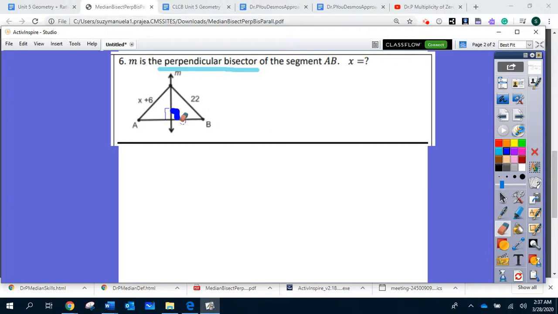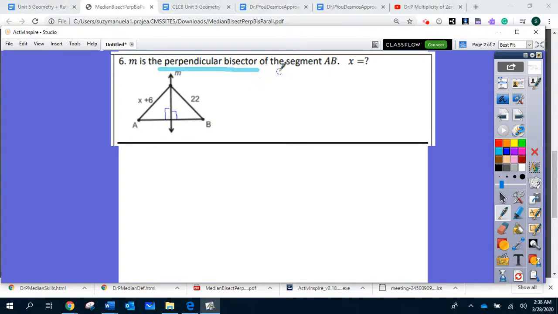And I want to remember what is also bisector. So let me label this part also to see very well now what perpendicular means. But let's remember what is bisector. So bisector means that this line M should bisect what?